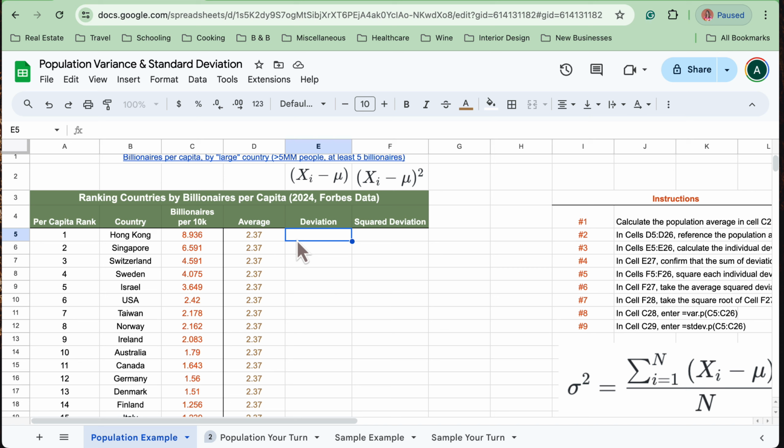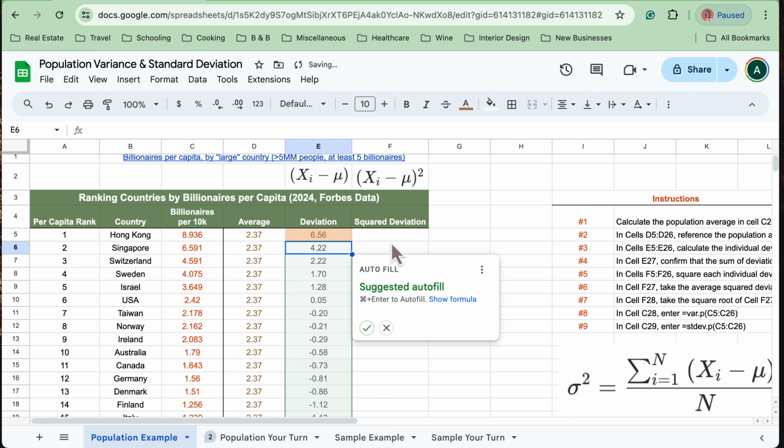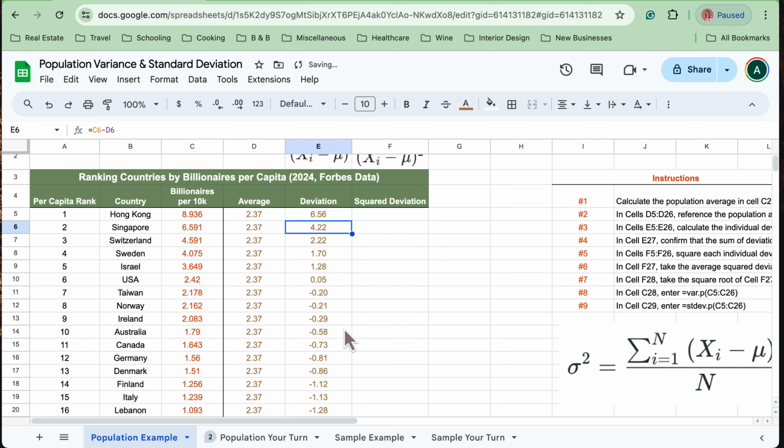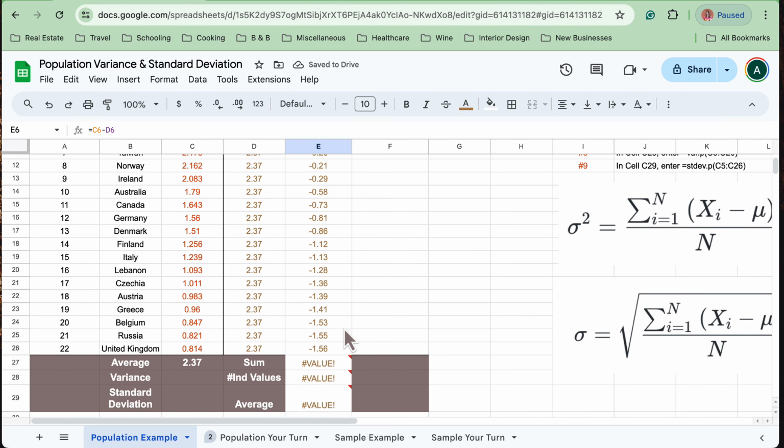Now I'm going to create the individual deviations. For the individual deviations, all I'm doing is taking the actual observation, in this case 8.936, and subtracting the population mean, mu, and I am going to autofill that down. It'll probably mess with my formatting a little bit and do some funky things down here. That's okay, we'll get over that.